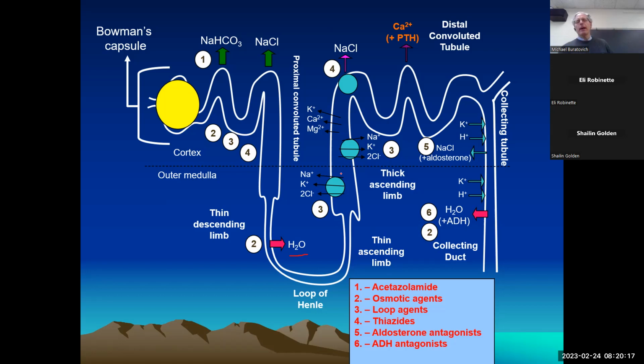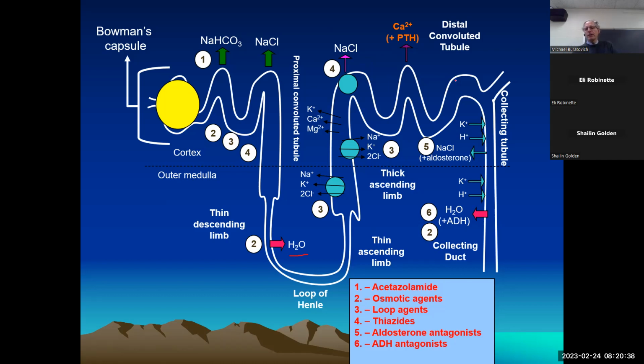Those ion pumps recapture chloride and sodium and potassium. Then you get to the distal convoluted tubule. You recapture sodium chloride. You also recapture calcium in response to parathyroid hormone.